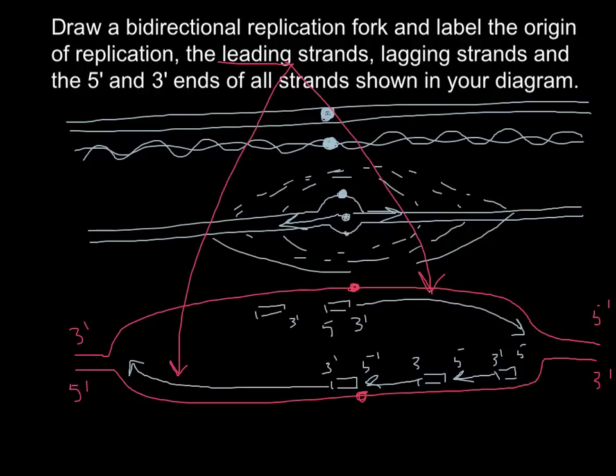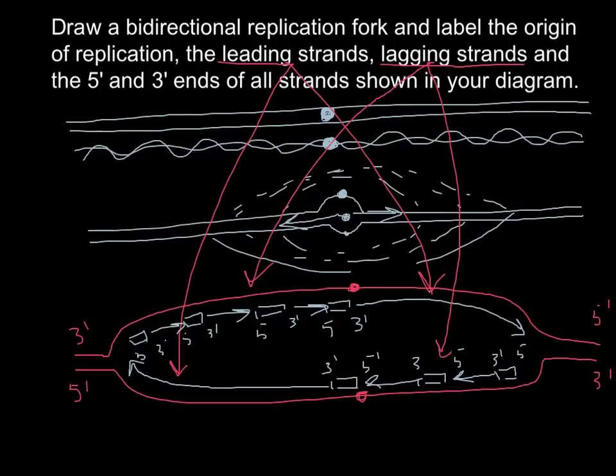And here also the same picture. So 3' and 5', and this is going to be growing like this, from 5' to 3'. So we have here the lagging strand, and the opposite strand also will have lagging strands.